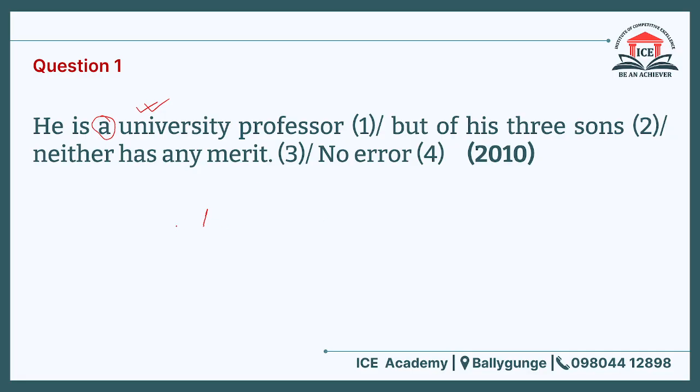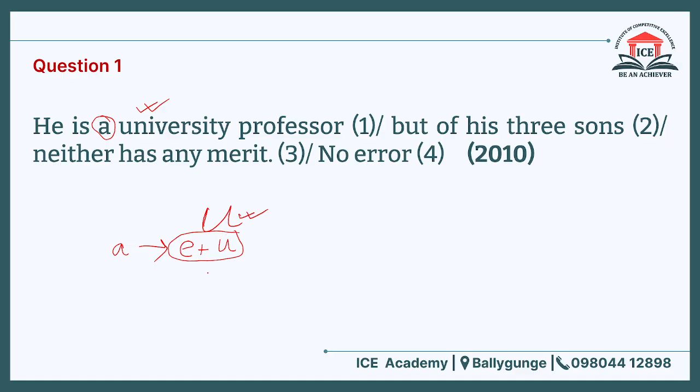University, the word starts with U. Now, when you pronounce U, it should be combined with E plus U. That means two vowel sounds are combined together to pronounce this single sound. And that's why always A should be used before U, never AN.